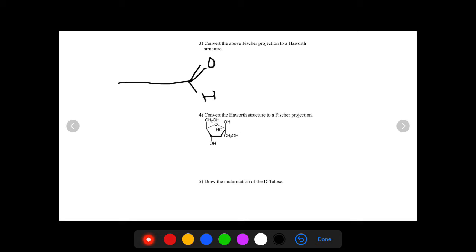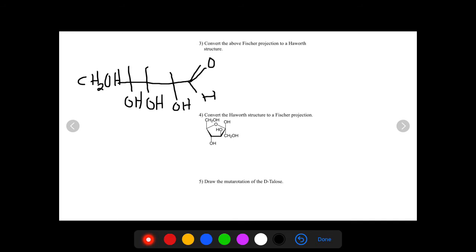So I'm going to just turn this 90 degrees and then draw it with the OHs going down. Remember, this last OH that's on the chiral carbon is going to be the O that's in the ring.